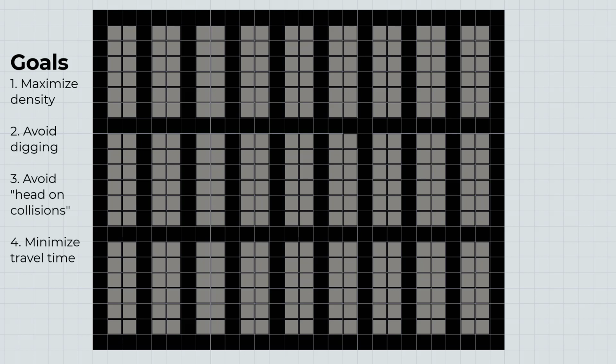So if one Kiva robot is going one way, we don't want the other Kiva robot to go in the opposite direction. And finally, we want to minimize travel time if possible. So I've set up this layout for the floor storage object.